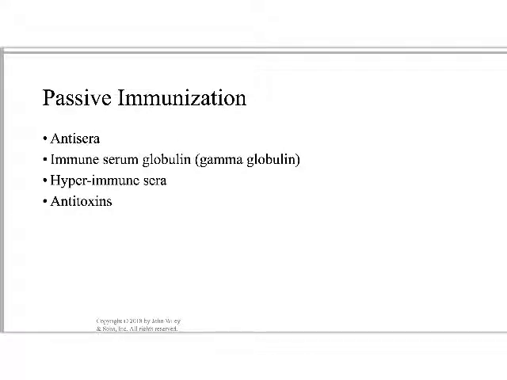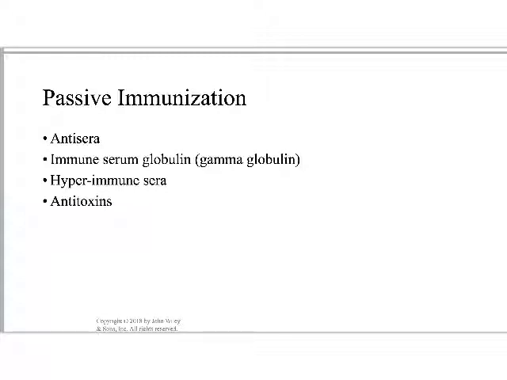Okay, passive immunization would be if we gave you the antibodies. So antisera, so if somebody has a bite from a venomous snake or a spider or something, they might give them antisera. Sometimes they give IgG for things too. Like diphtheria, botulism, rabies, they'll give you IgG against that toxin.